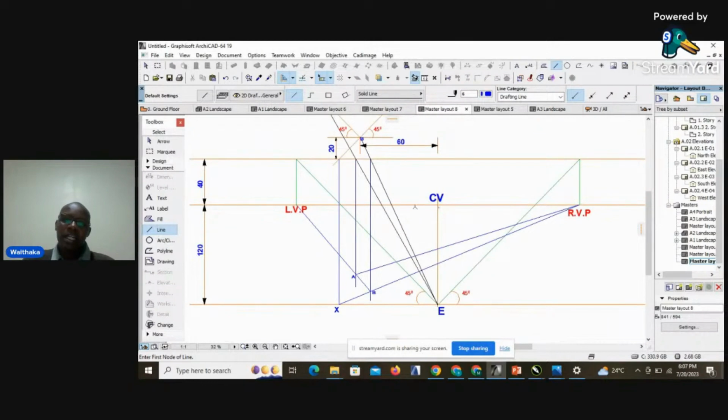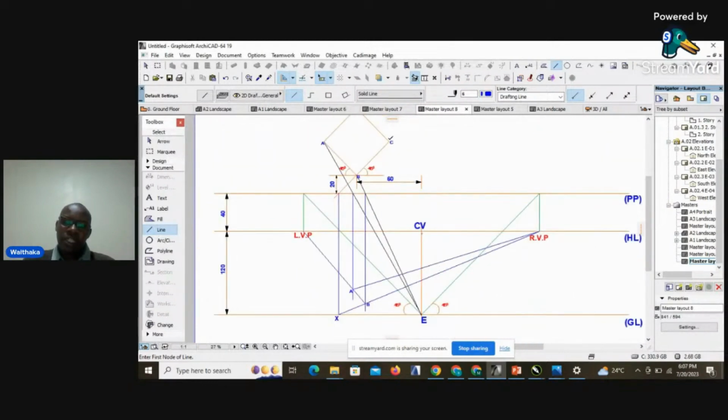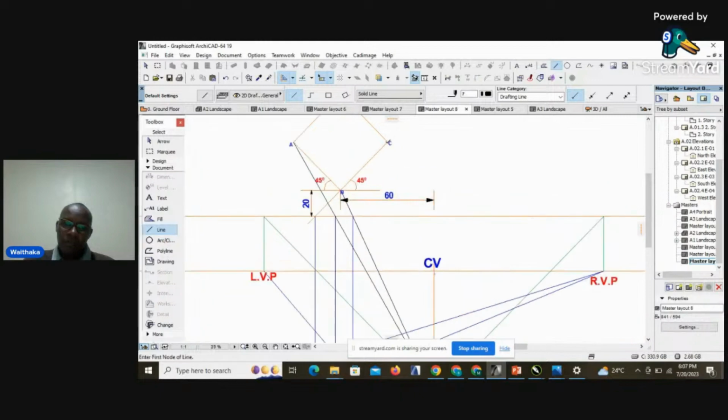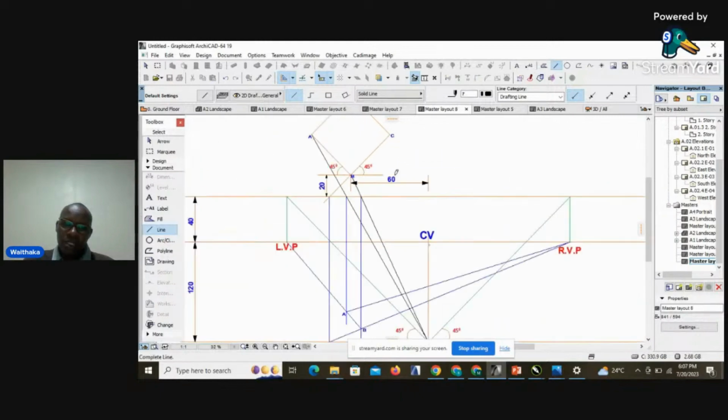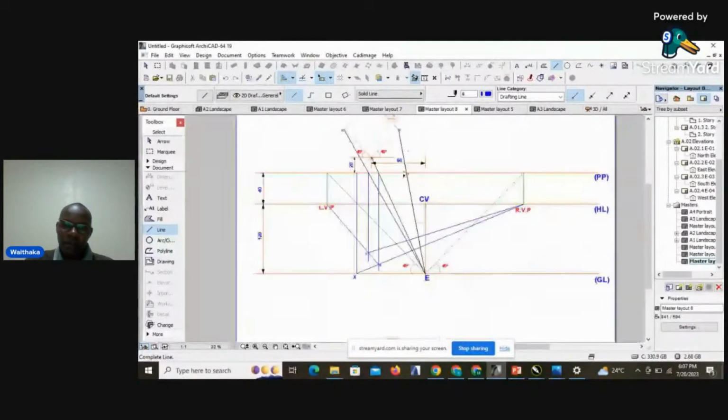Then we need now to generate point C. And for us now to generate point C, we'll just do the same as we've done with point B and point A. Again, with a black line, we reference point C with E. Where it touches the picture plane, we draw a vertical line downwards.